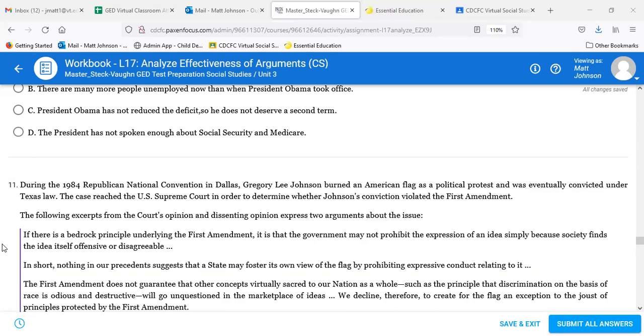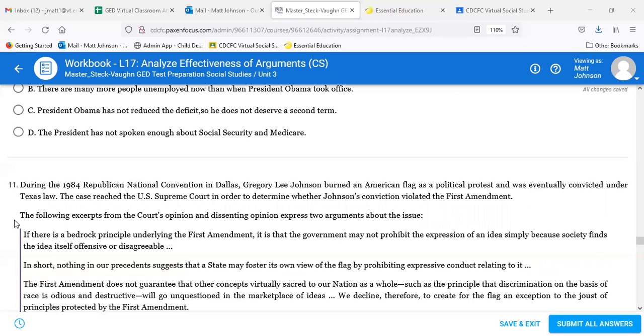The case reached the U.S. Supreme Court in order to determine whether Johnson's conviction violated the First Amendment. So he was convicted of burning the American flag, which is still a law, and you could get in trouble for it in certain places. Obviously, in Texas in 1984, it'd get you thrown in jail.